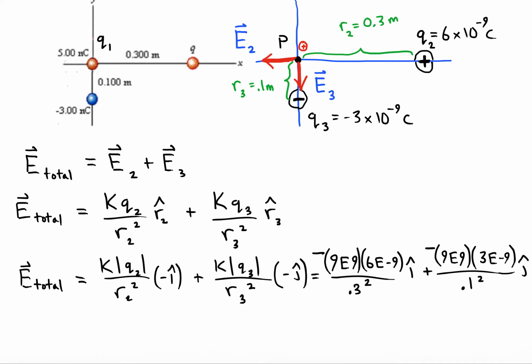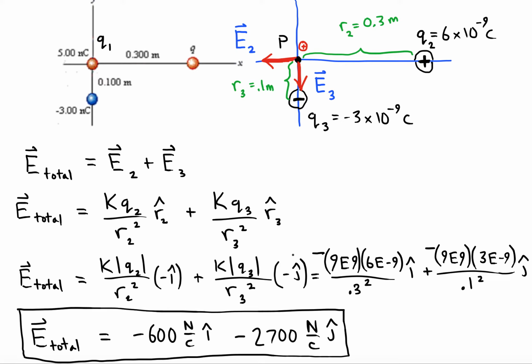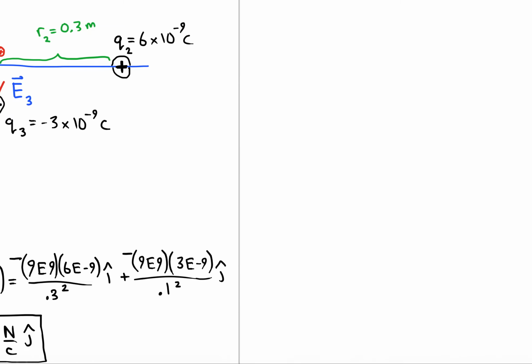Let's plug it into a calculator now. Okay, there's our result. The field points to the left and down. Let's say, though, that we tried it a different way.